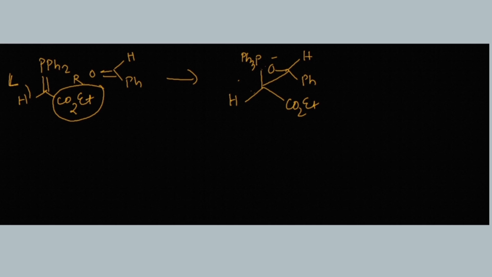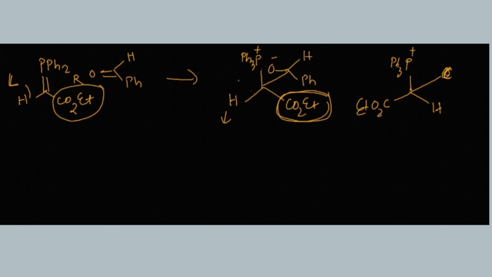Now see, if we had taken this CO2Et on the left side, then the structure would have been CO2Et, H, PPh3 plus, O minus, Ph and hydrogen.